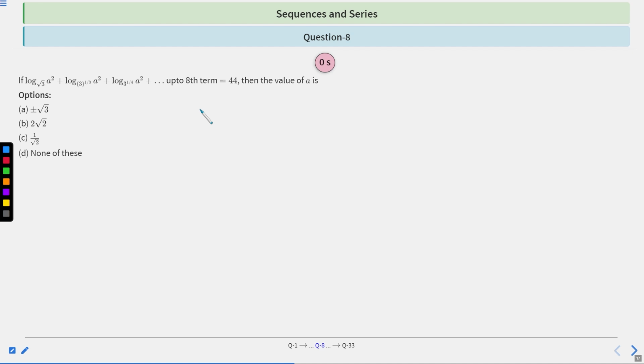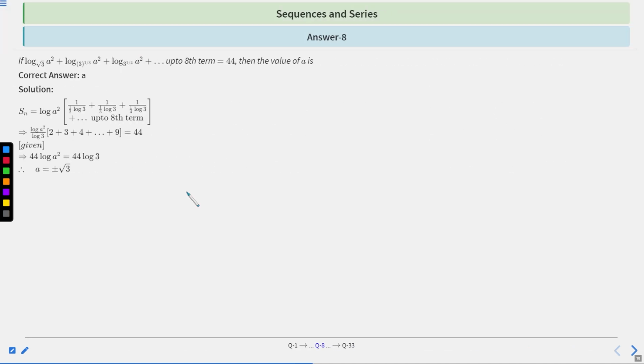Okay, let's discuss the solution. Sn can be written as: take log a square as common. So log a square times 1 upon 1 by 2 log 3 plus 1 upon 1 by 3 log 3 plus 1 upon 1 by 4 log 3.